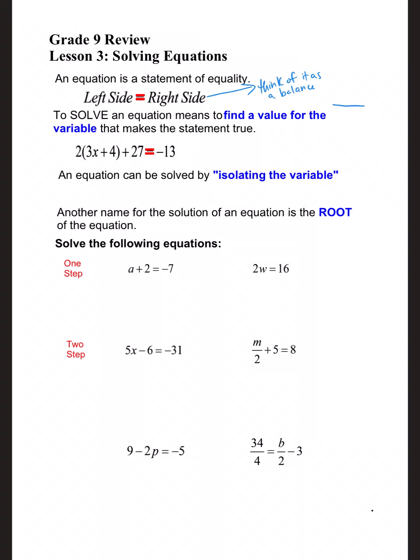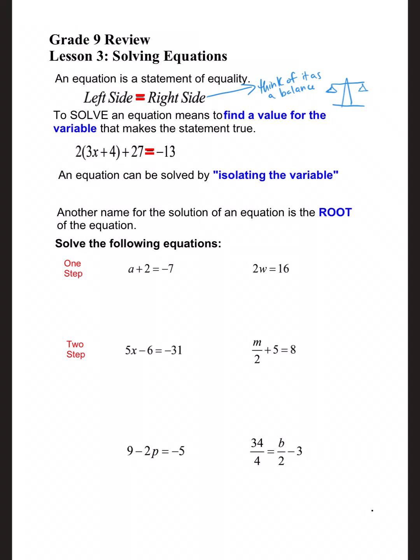It doesn't tilt one way or the other. If you think about what a balance looks like, it has a lever here, and then you have a weigh scale on one side and a weigh scale on the other side. Not an artist, just a math teacher, right? So you want to make sure those are level. You don't want them to tip one way or the other, because then the equation is not balanced. It's not exactly the same on the left as it is on the right.